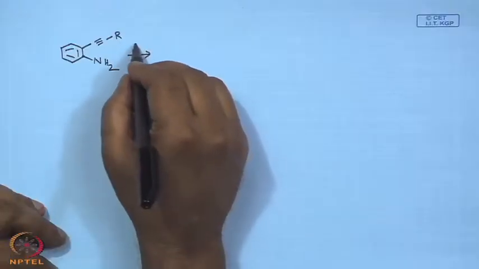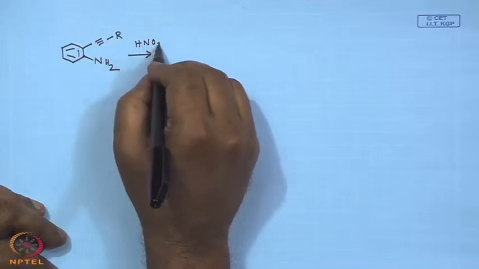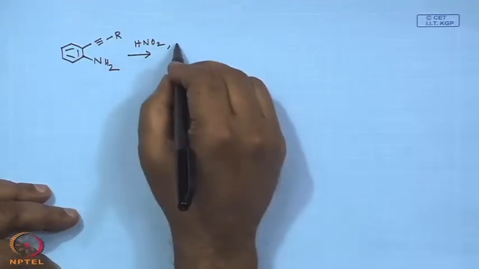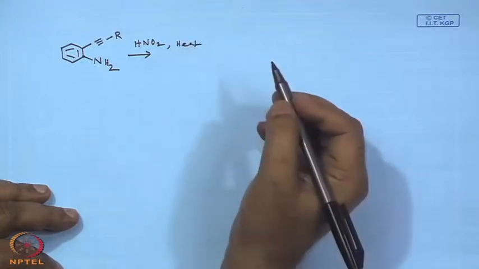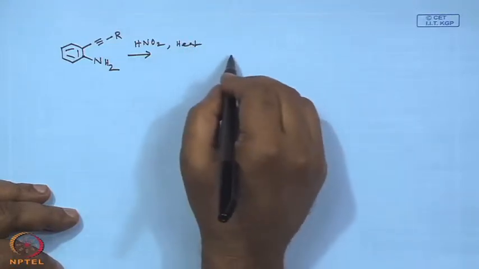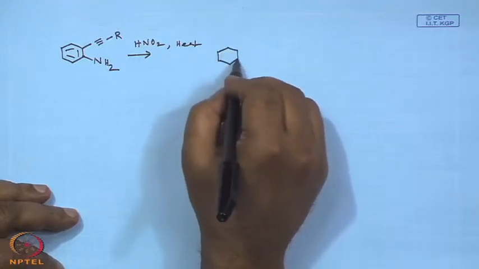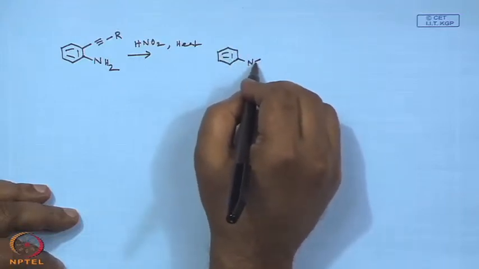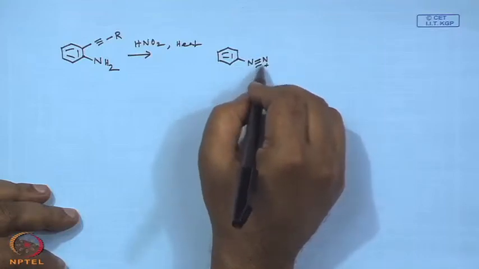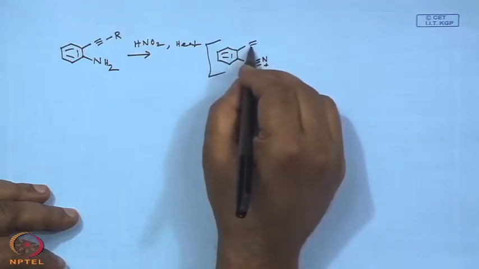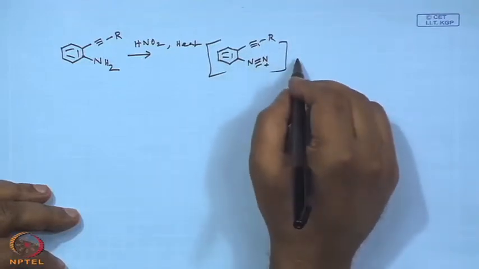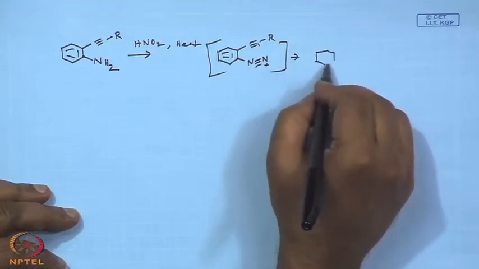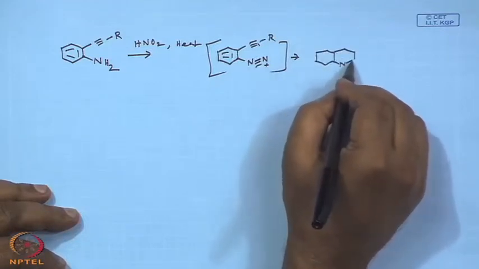Okay. Now, if this compound is treated with, let us say, nitrous acid and heat probably, then quite interestingly, what will you expect? You will expect a diazonium salt, and although apparently these two are quite far apart, it would cyclize to this nucleus.